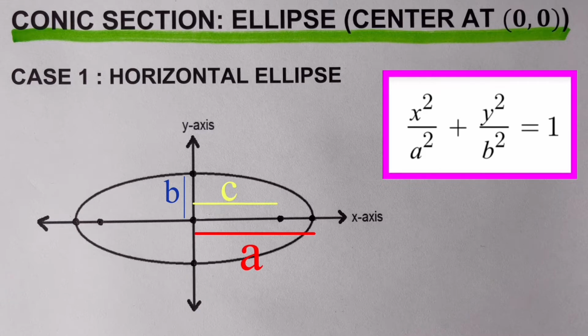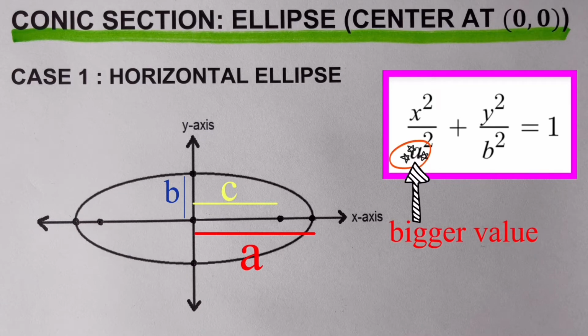Now, notice that our A is the longer value, because this is actually half of the major axis, which is the longer diameter. Notice that our A, which is the longer value, is the denominator of x squared. This means that if the denominator of x squared is bigger compared to that of the denominator of y squared, that means that we can come up with a horizontal ellipse.